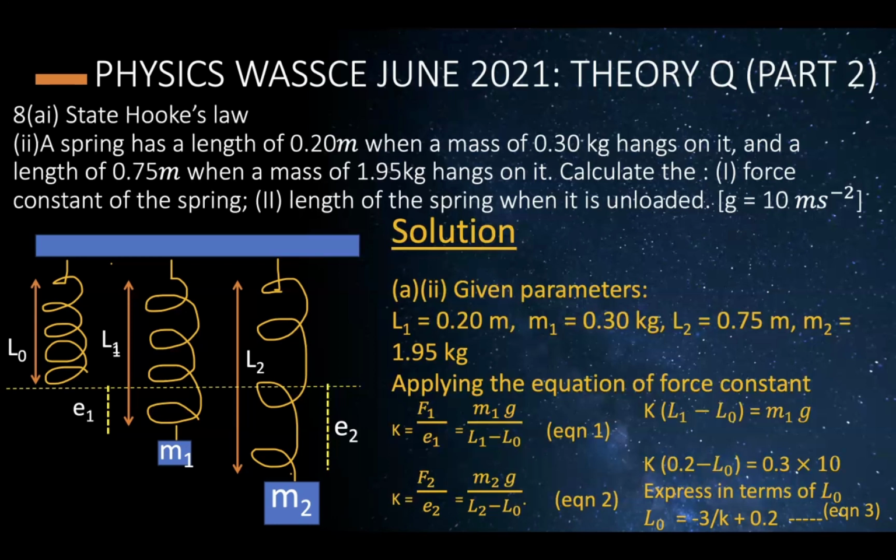However, I would encourage you to follow the sequence of the question. So try to solve for the first constant first before you solve for the original length. In order to do that, I would express this equation in terms of the original length instead of the first constant. So that gives me equation 3 basically.